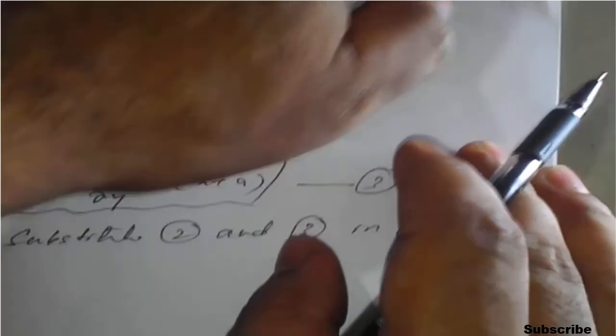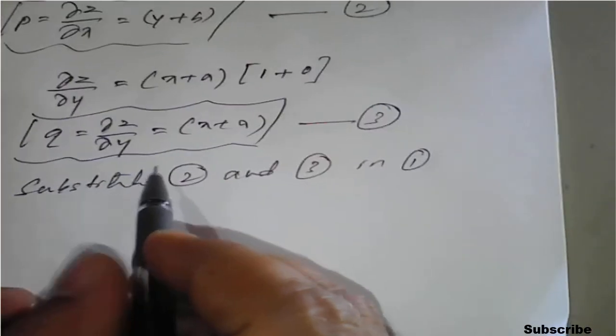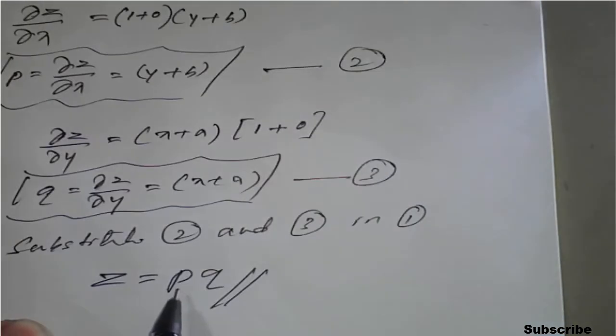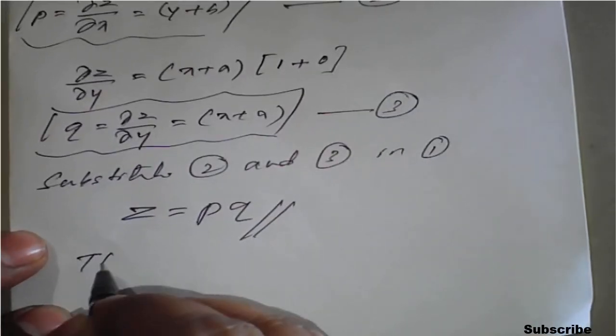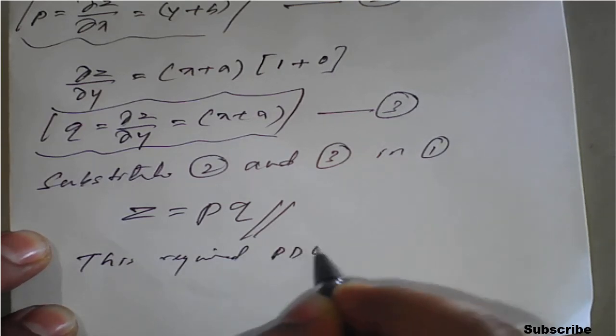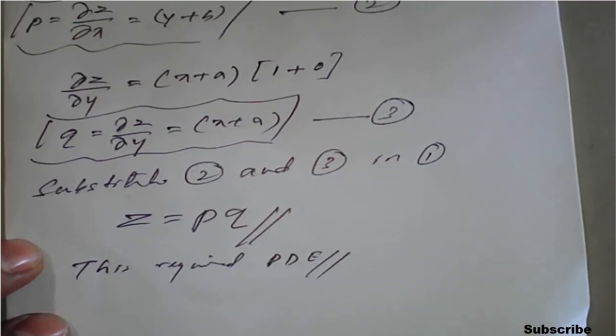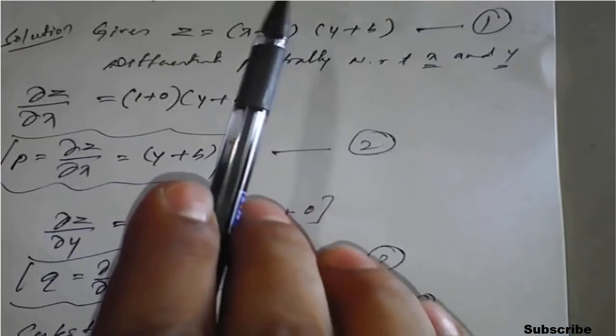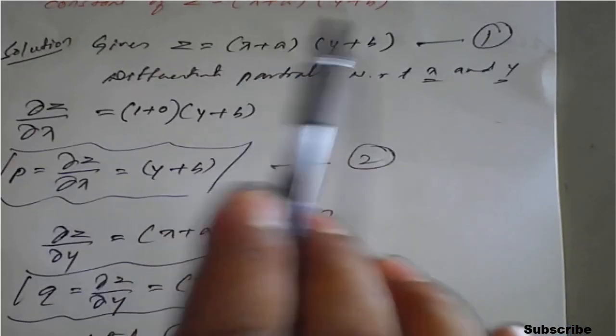So therefore equation 1 becomes z is equal to pq, because p is nothing but y plus b and q is nothing but x plus a. So this is the required PDE. In this you can observe there are no arbitrary constants. Which are the arbitrary constants here? a and b are the arbitrary constants in the given question. Okay, so we see the next question.